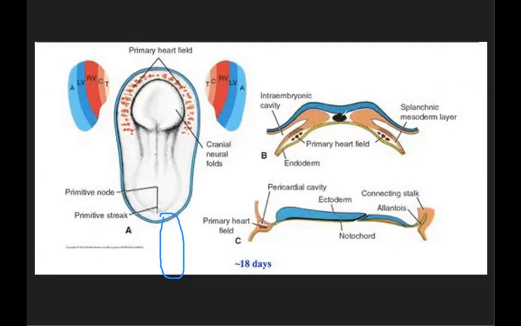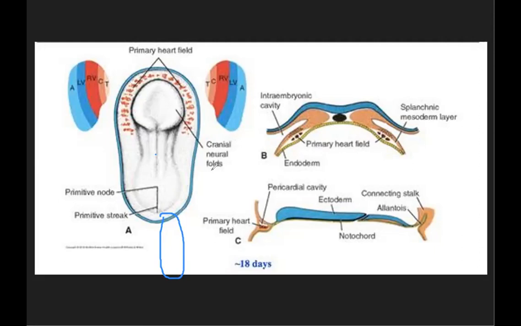This yellow color one is the endoderm. And in between is the mesoderm. Now in the center, this black one is a notochord, and you can see the layer of cells over here, which is called the primary heart field.